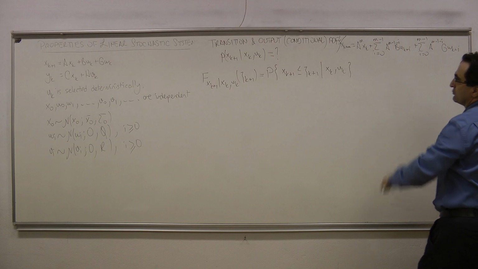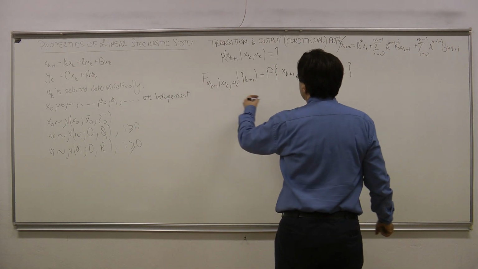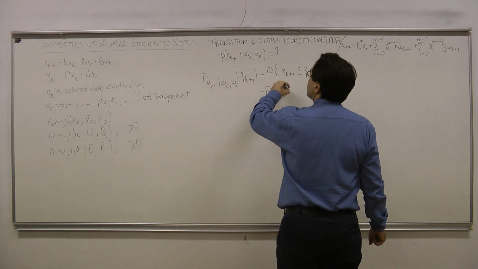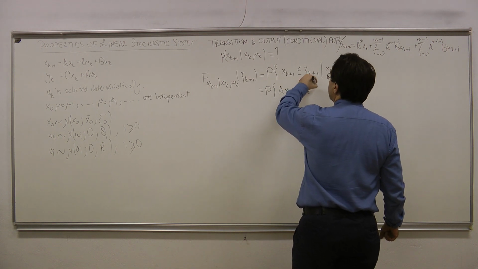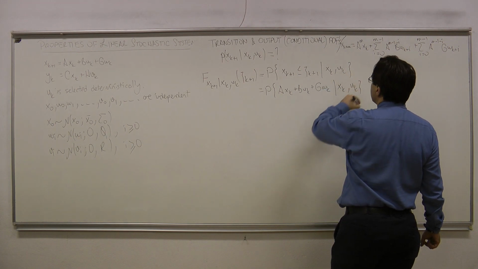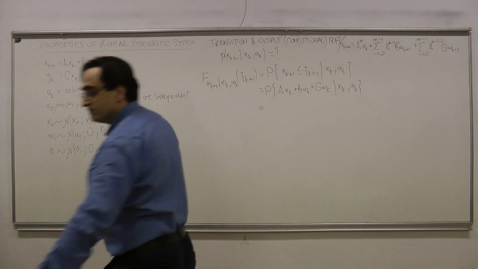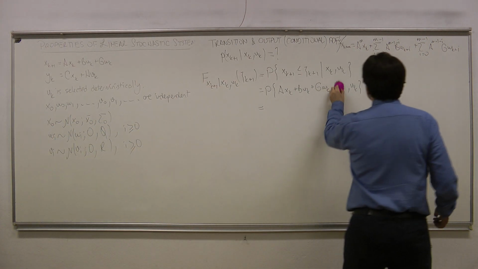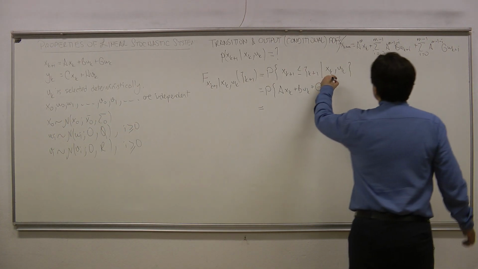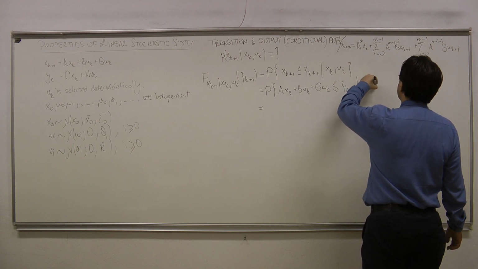In that case, you would just get this equation. Then I can write this as P of A x_k plus B u_k plus G w_k, given x_k and u_k. Sorry, this is wrong, I have forgotten the inequality. Smaller than or equal to psi_{k+1} given x_k, u_k.